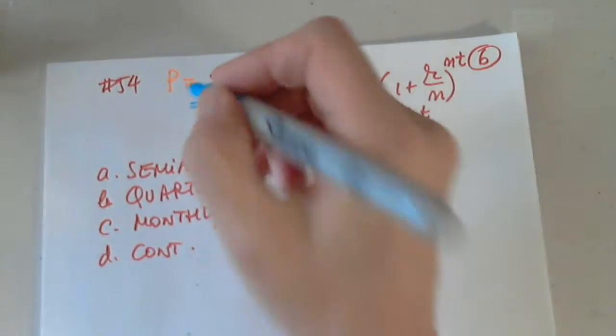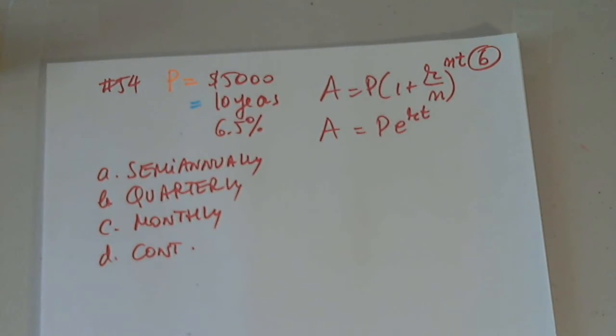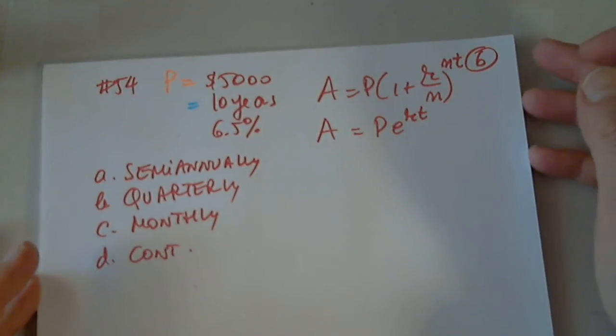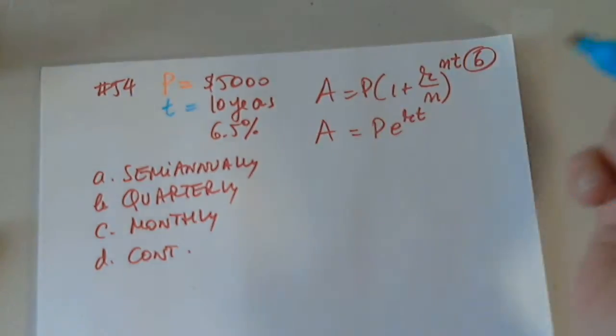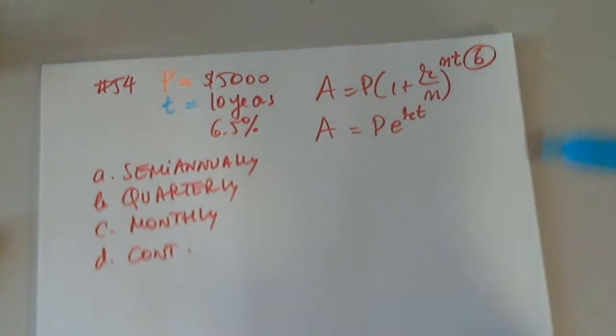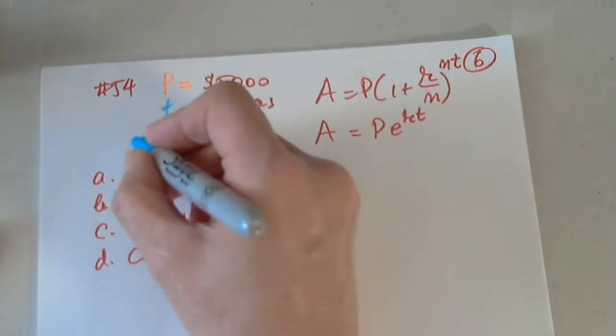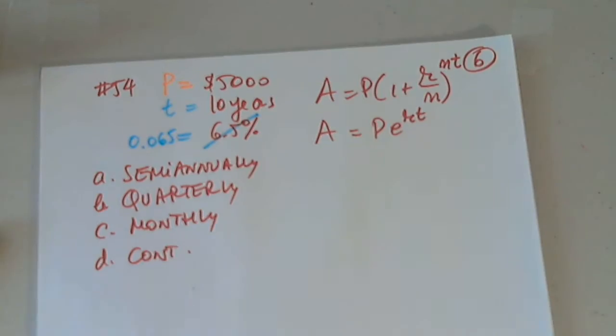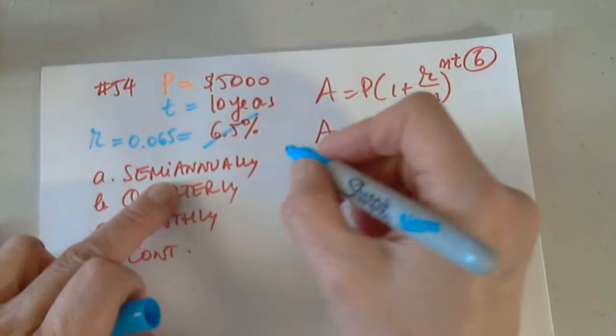What does 10 years represent from all these? t, of course. And what does 6.5%, to be used as 0.065, represent? Lowercase r. Perfect. What does semi-annually mean? 2.